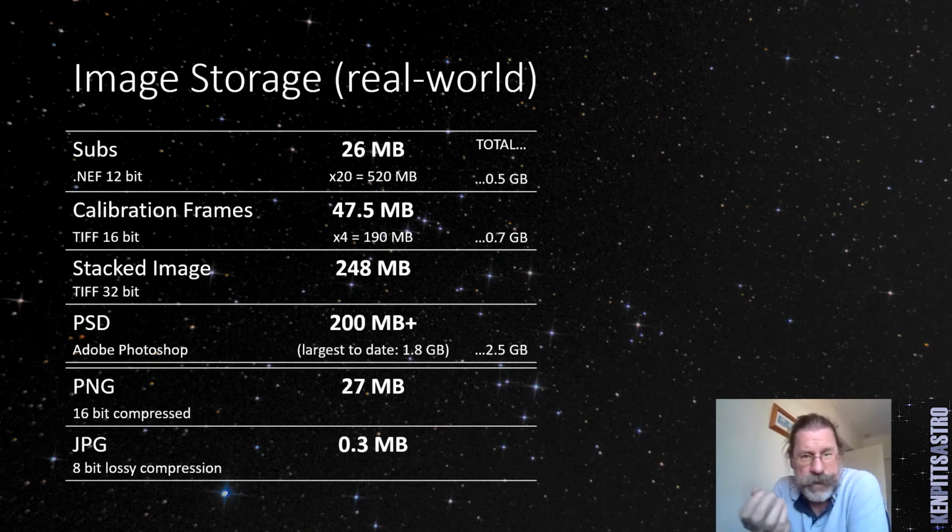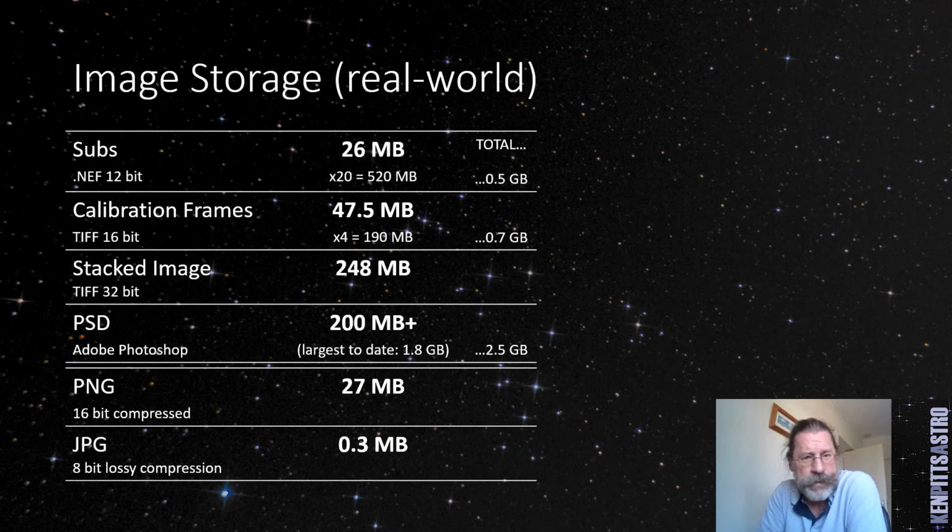So after I've done my stacking with my darks and flats and all that kind of stuff, I wind up with 4 calibration frames. I have my master dark, master flat, master dark flat and master bias. They are 47 megs each, so give or take that's another 200 megs. I'm now up to 0.7 gigs of data for one image.